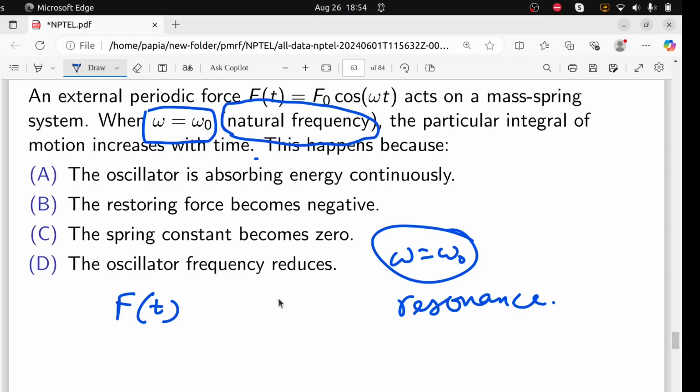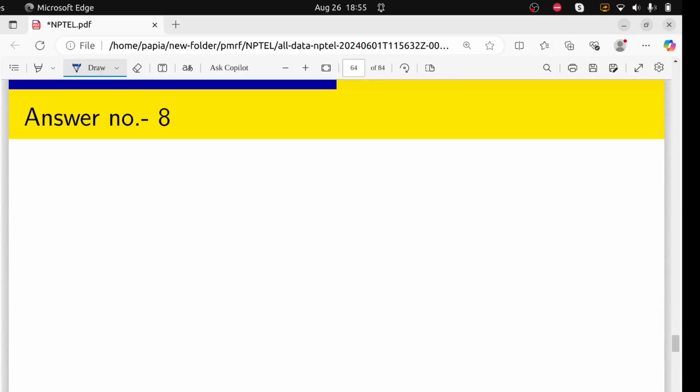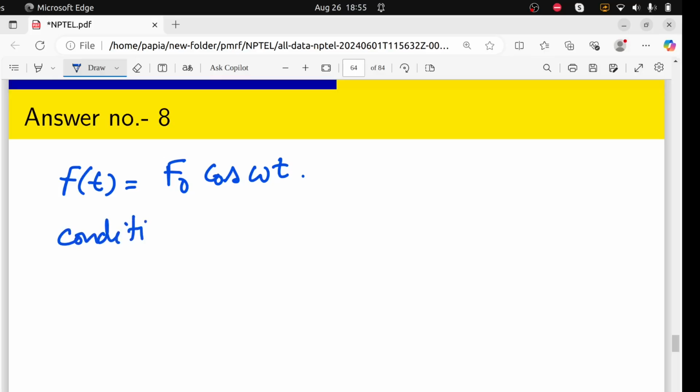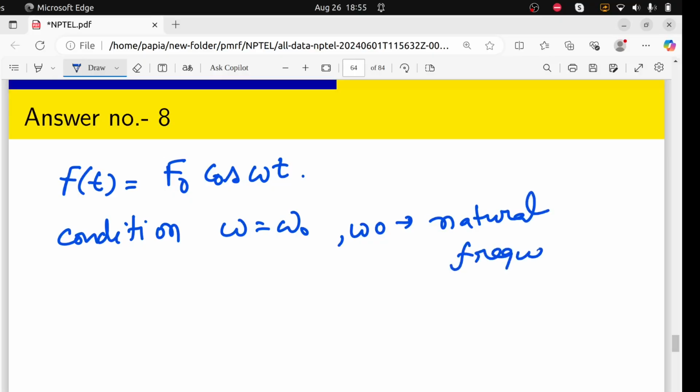It is given that the external force is F0 cos omega t and the condition is omega equals omega 0, where omega 0 is the natural frequency.